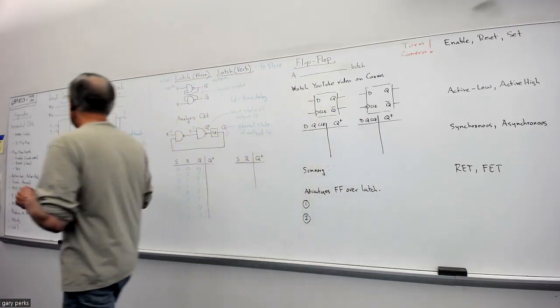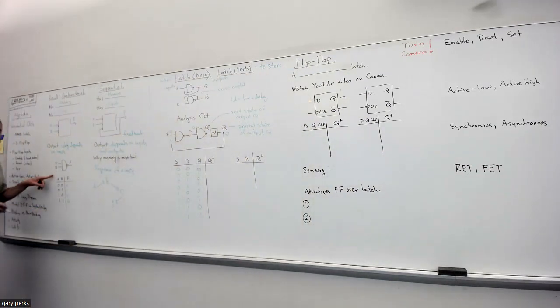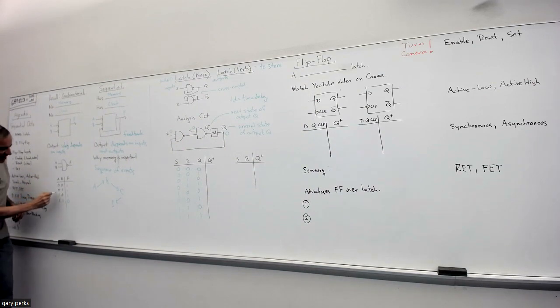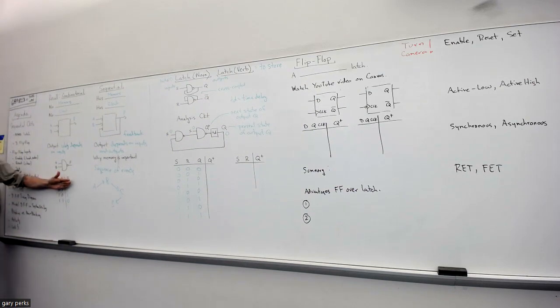Remember we did this once before, where we took a truth table and divided it in half. In fact, we did the NAND gate like this back when we were talking about universal gates and how you can use a NAND gate as an inverter. If you just look at the bottom two rows, if one input to a NAND gate is a 1, the output is equal to the inverse of the other input.